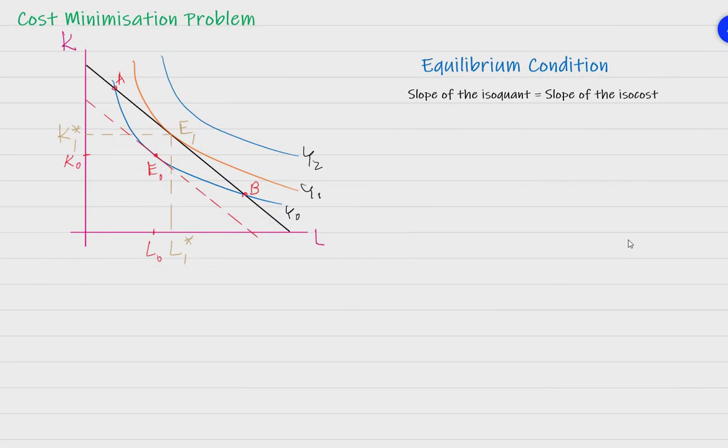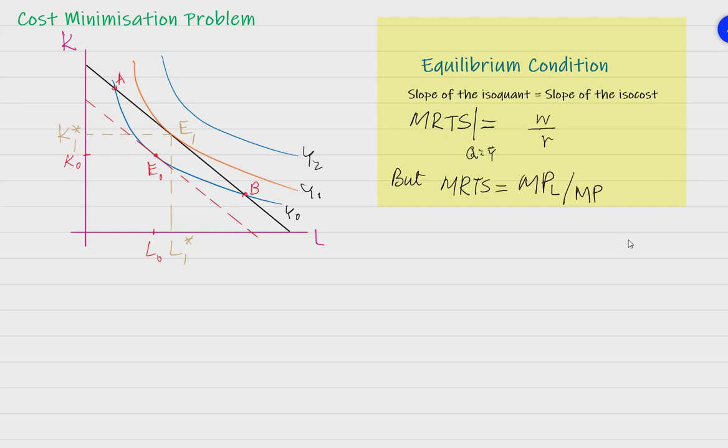From the analysis, we find that the equilibrium condition for the firm's cost minimization problem is that the slope of the isoquant is equal to the slope of the isocost line. We know that the slope of the isoquant is the marginal rate of technical substitution for the given output Q equals Y bar, and the slope of the isocost line is W over R. But we have also found that the marginal rate of technical substitution is the marginal product of labor over the marginal product of capital.